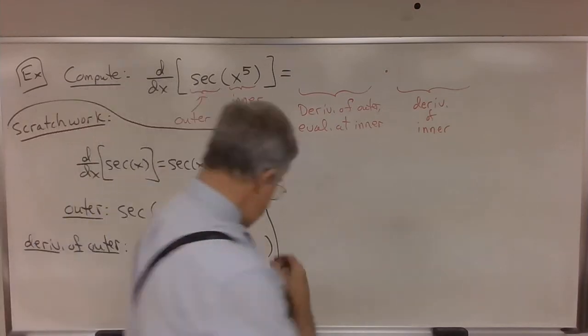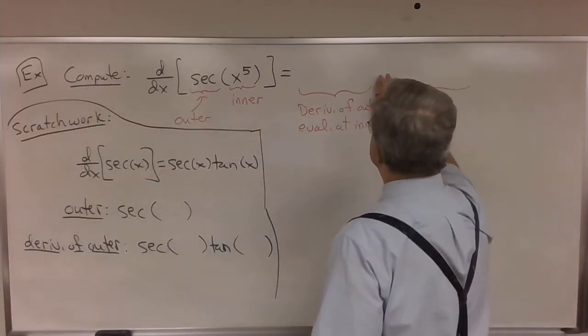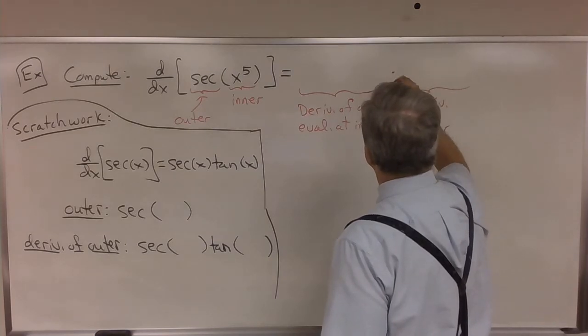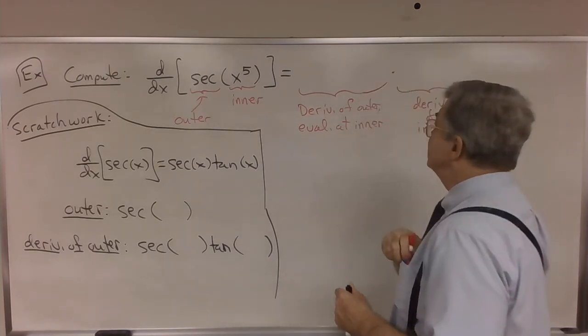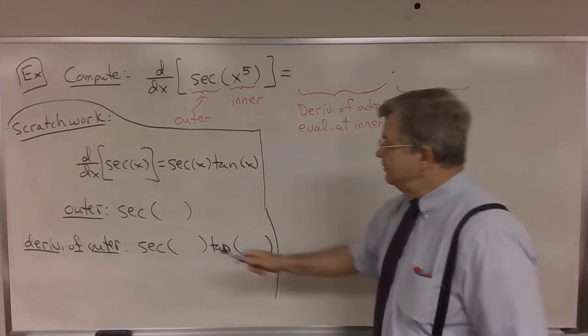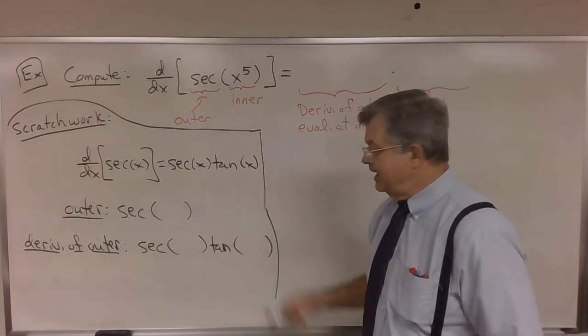And maybe I should have allowed myself a little bit more room over here. So first thing we do, we write down the derivative of the outer. Secant of something times tangent of something.